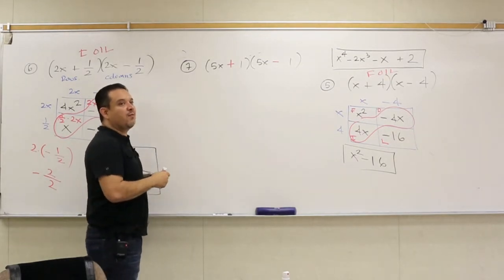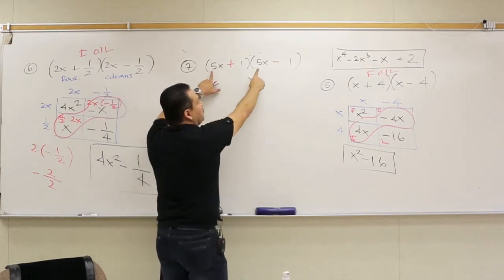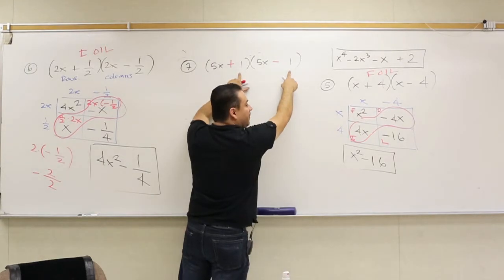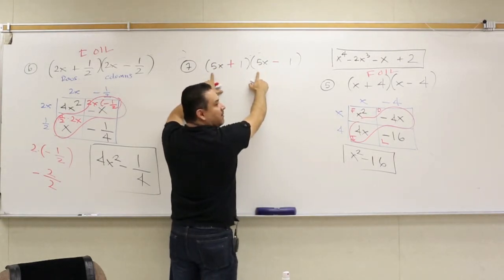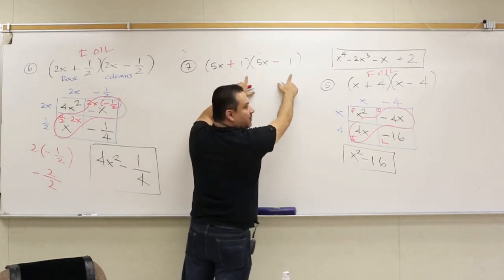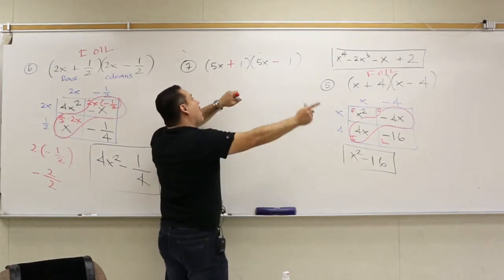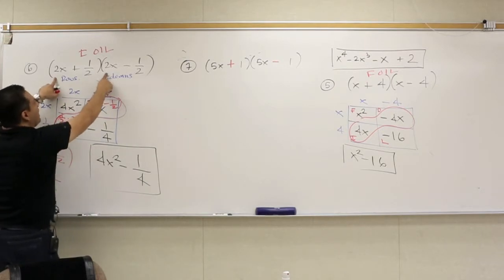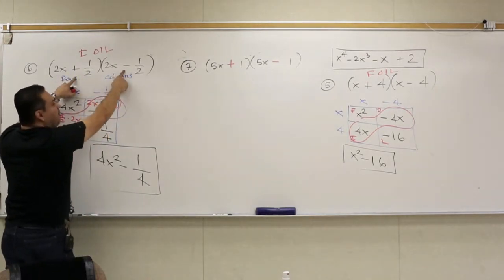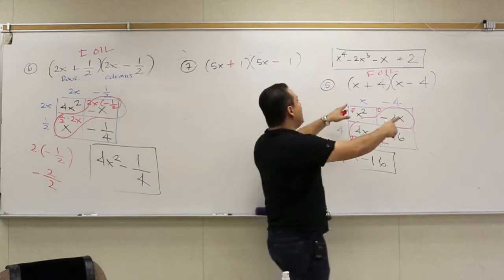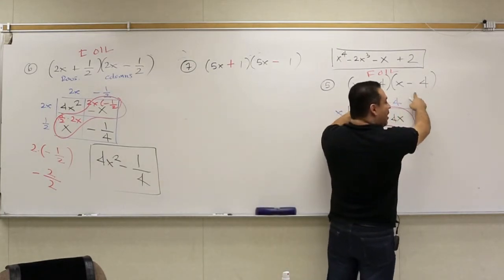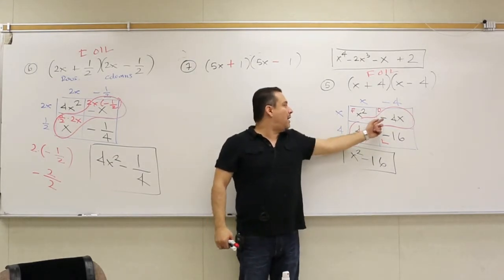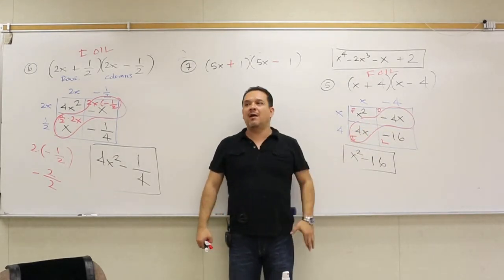Okay, this is special. Your first terms are the same. Your last terms are the same. When your first terms are the same, your last terms are the same, and the signs are opposites, what will always happen is your O and I terms will cancel.